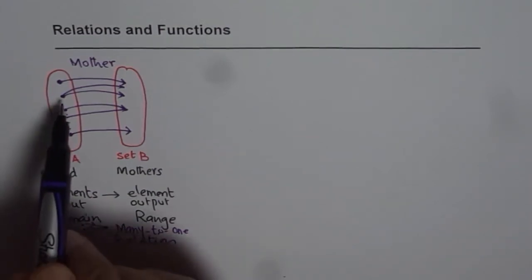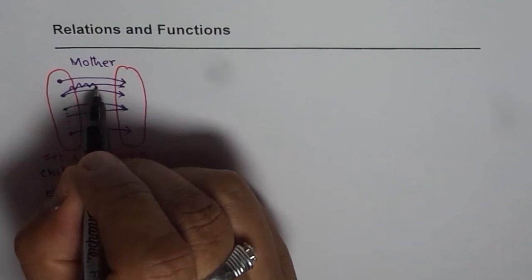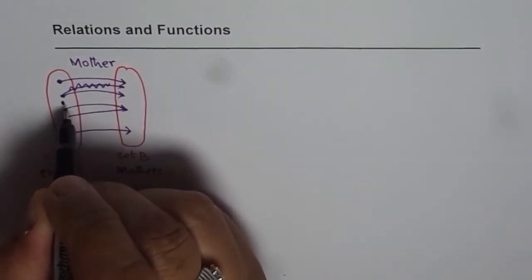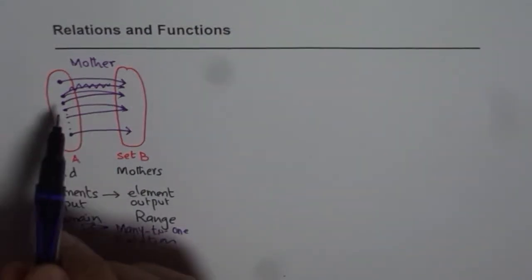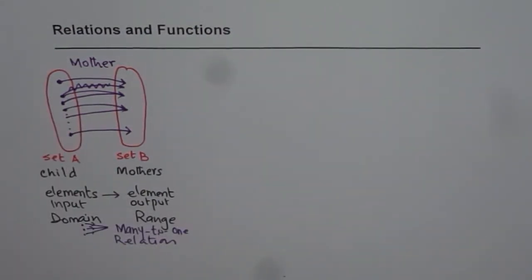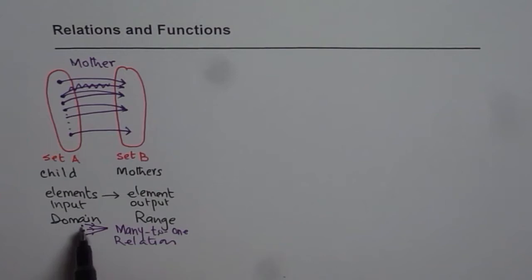Another child may be associated with the same mother. So what we find here is that there could be instances where many are related with one, so in that case we'll call this a many to one relation.